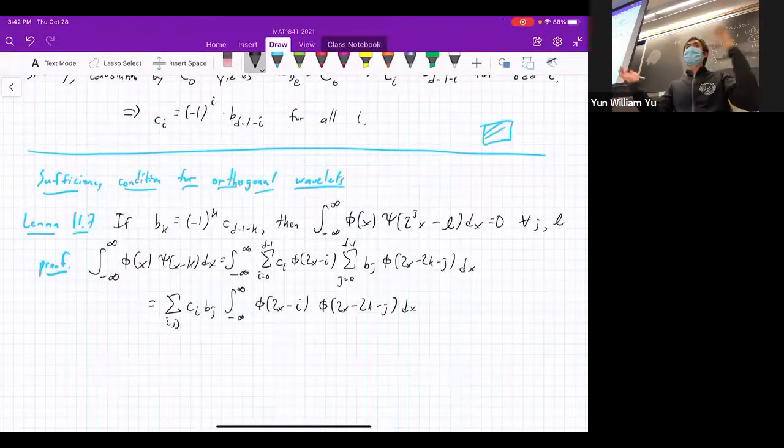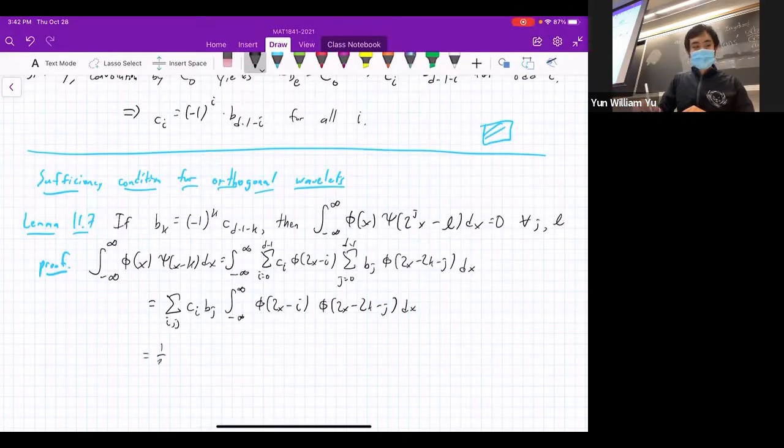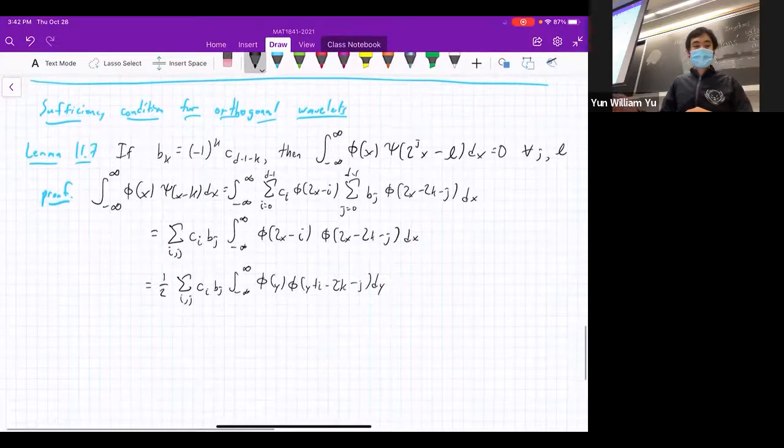We rescale, we translate, and you end up getting that this is equal to 1/2 times the sum over i and j of c_i b_j times the integral from minus infinity to infinity of phi(y) times phi(y + i - 2k - j) dy for this changed variable.